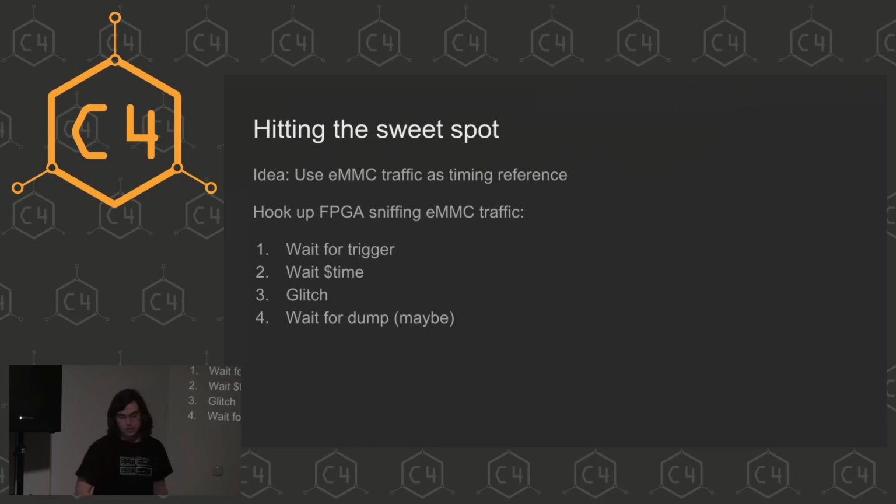Depending on what happens, we see if we can actually dump the code. If not, we adjust that time and we repeat the whole thing. And we just write a script and leave the thing running. Every time we increase $time a bit to sweep over the whole region and see if we can hit the sweet spot at some place.